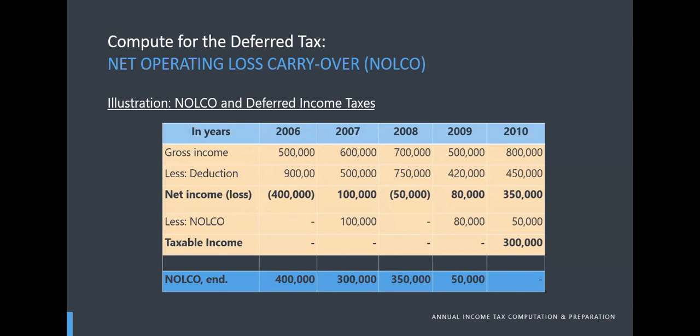That's why the balance of the NOLCO only amounted to 50,000. So that is net of the applied NOLCO and the expired portion of the NOLCO. In 2010, since the company has 350,000 income, the amount of NOLCO that can be applied is equivalent to only 50,000. Thus, instead of paying on 350,000, the company is liable to pay on 300,000.